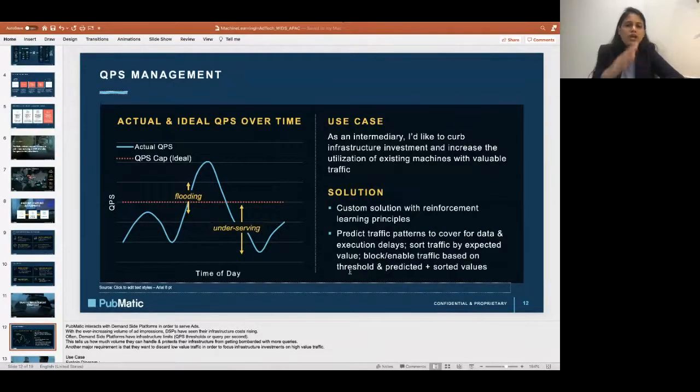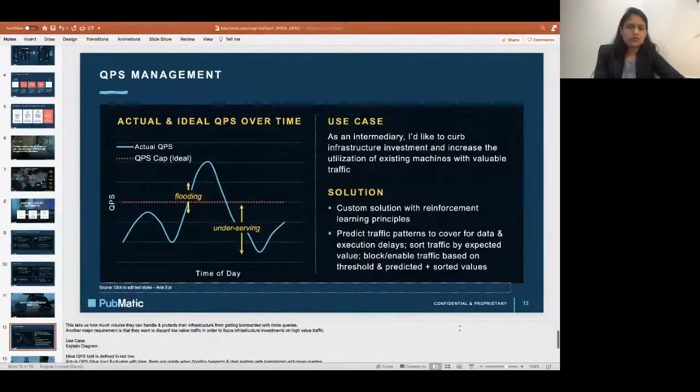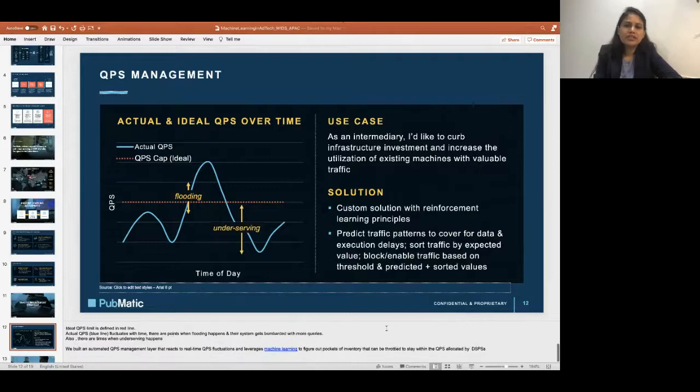And the blue line shows the actual QPS. The blue line, if you can see, is fluctuating over time. There are times when there is flooding or the system is getting bombarded with more queries, and there are lulls. In order to react to the QPS fluctuations using machine learning.